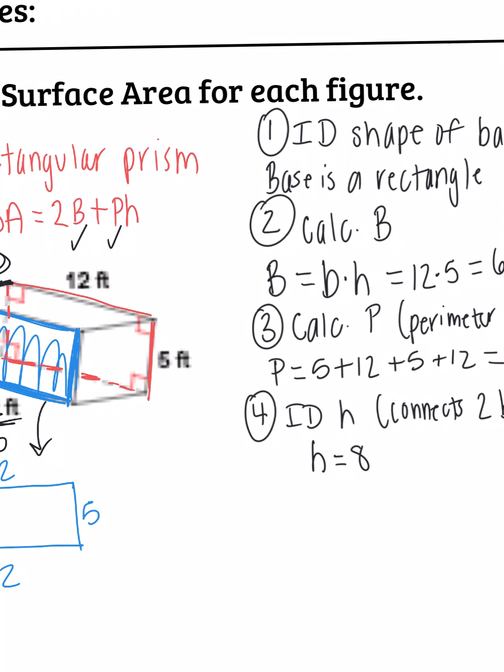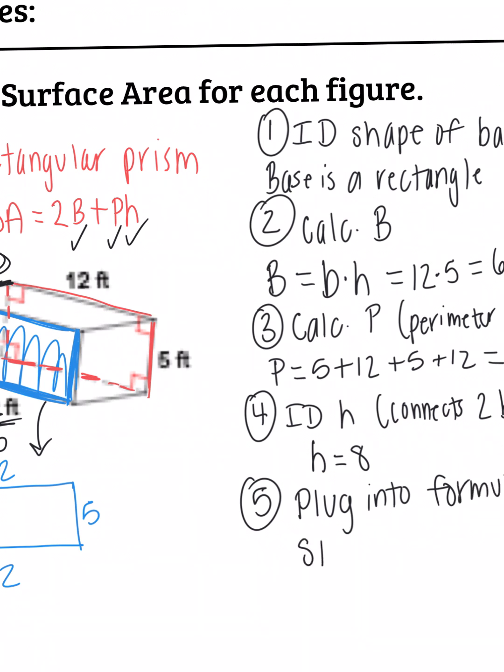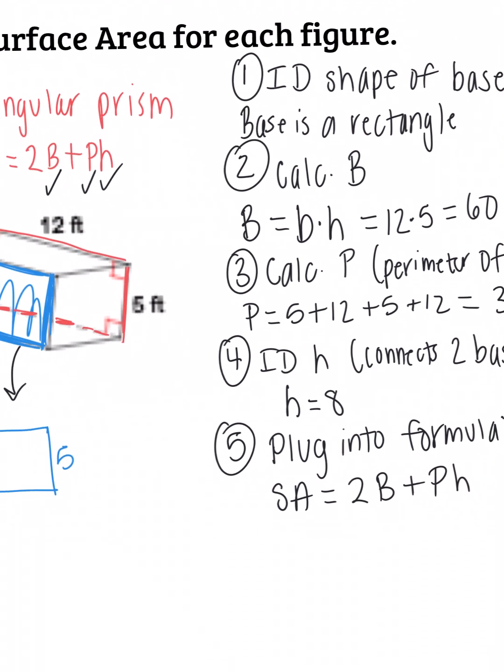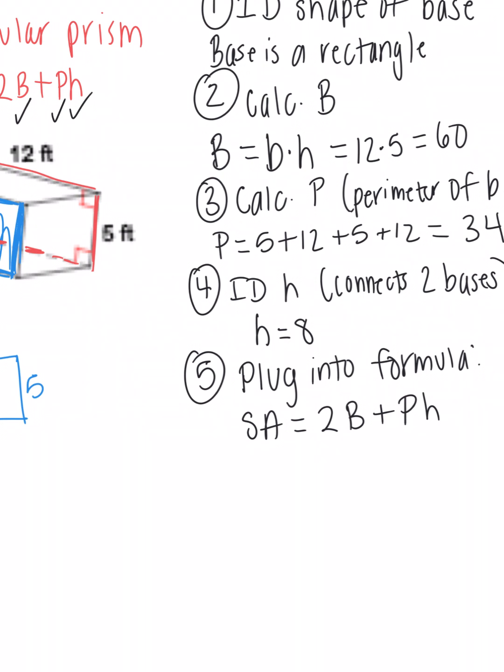Now that I have all 3 pieces, my B, my P, and now my H, the last step is to plug into your formula. My formula, again, is 2B plus PH. At this point, all I'm doing is taking the values that I already have and plugging them in. So that 2 is just part of it.